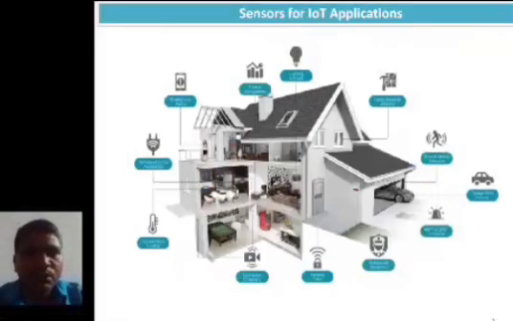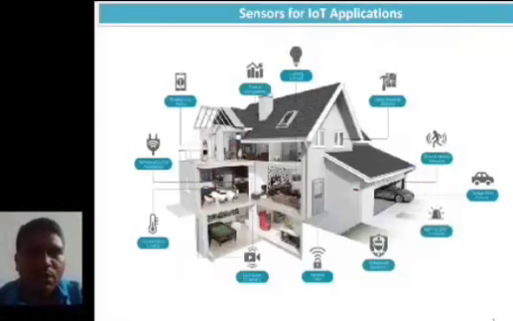Without the sensor, there is no data, no analysis, and there is no IoT system. So that means there is no automation. The sensors are the starting point of any IoT system.